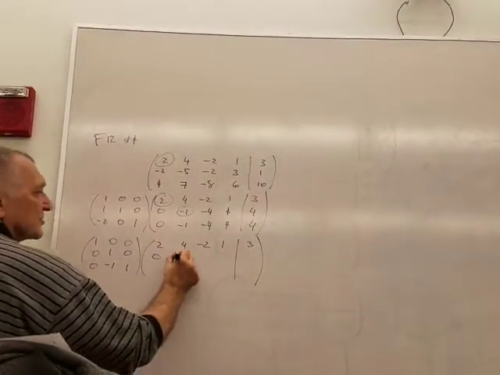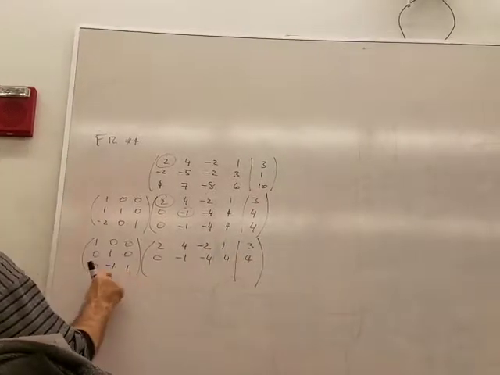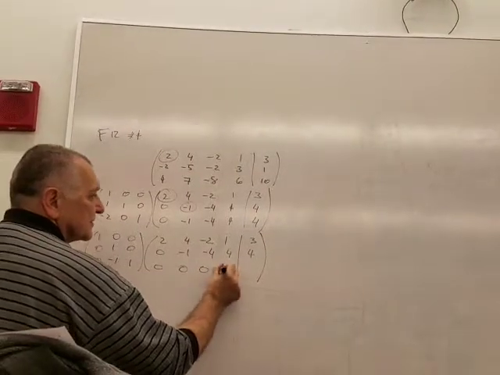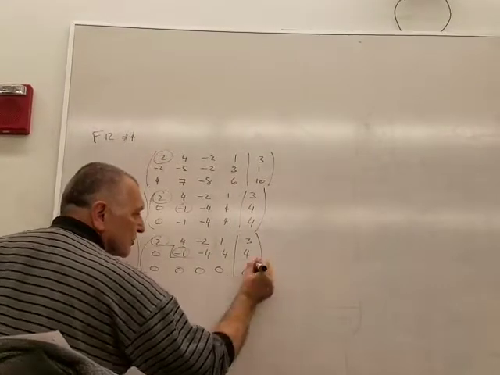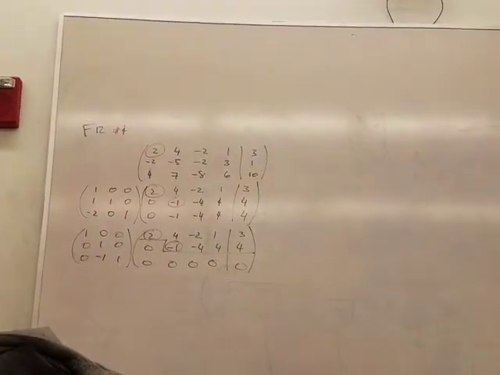Copy in the second row, 0, minus 1, minus 4, 4, 4. Third row minus the second, 0, 0, 0, 0, 0, 0. Pivot, pivot, row echelon form, consistent. So we have a solution.